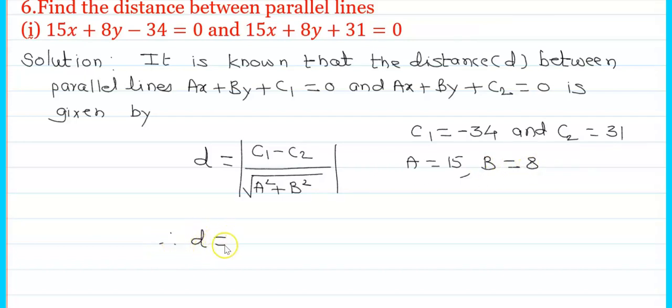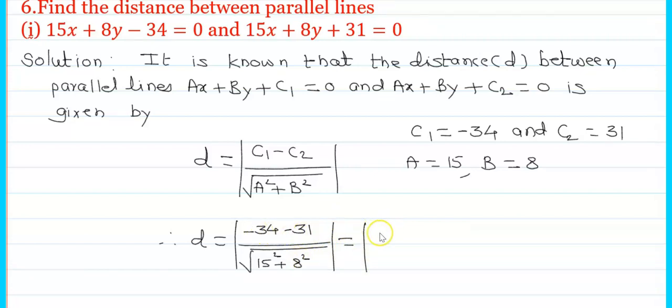Therefore d is equal to mod of minus 34 minus 31 upon the square root of 15 square plus 8 square, and that's equal to minus 65.